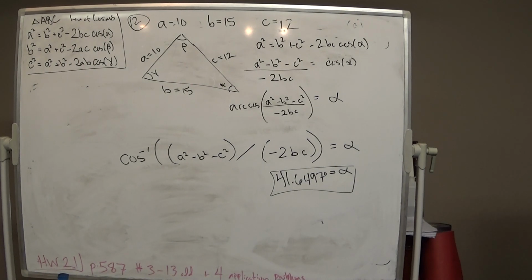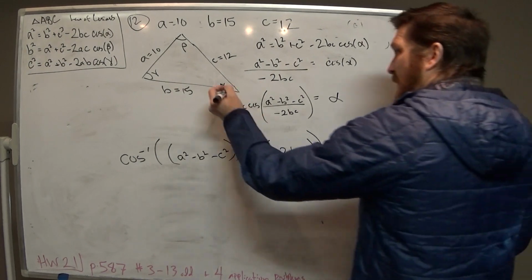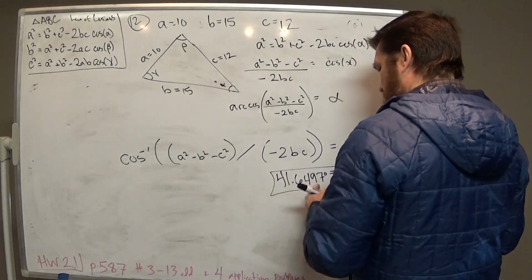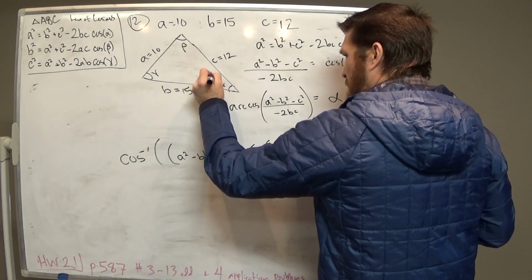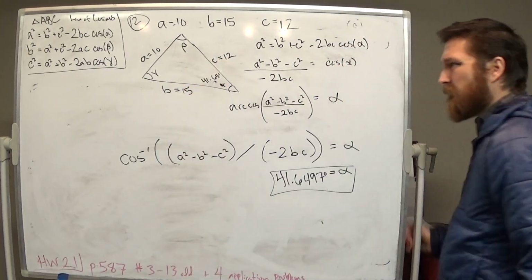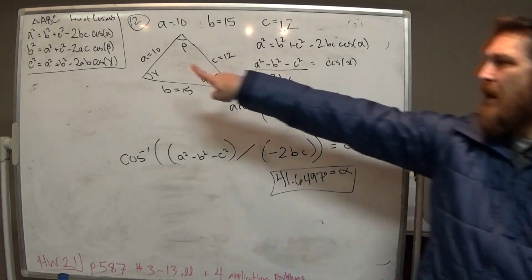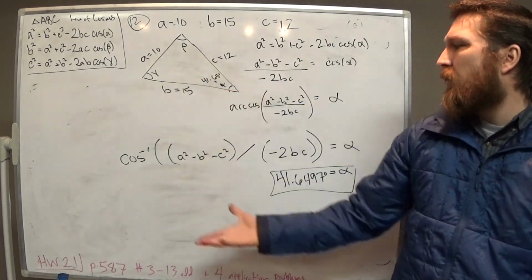We could just go through and do that with every single one. But it seems a little bit easier to me if we now set up a law of sines, because we have 41.65 degrees. Now we have an opposite, and so we could use law of sines.